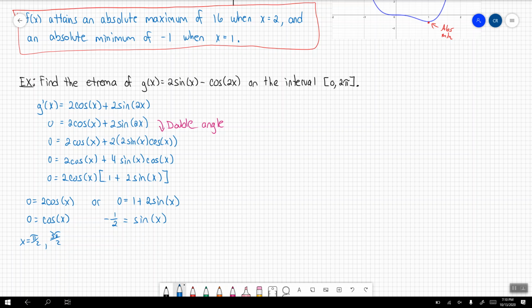Now the ratio for sine here is negative, which means my y values need to be negative, and they only occur in quadrants 3 and 4. So the reference angle of 30 degrees, or pi/6, must lie in the third or the fourth quadrant.